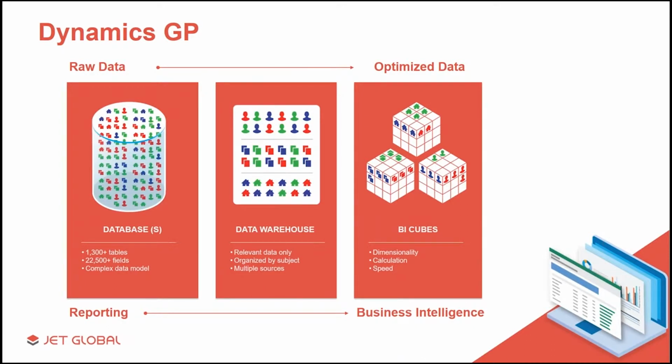So instead of building these from scratch, we've pre-packaged a data warehouse and a cube set that's designed for your ERP, and it installs in 2 hours. In that 2 hours, you're going to receive a data warehouse and 7 pre-built cubes. So instead of starting from ground one over here on the left, you're now within a 2-hour window set up with a full data warehouse and cube set that's available for use.